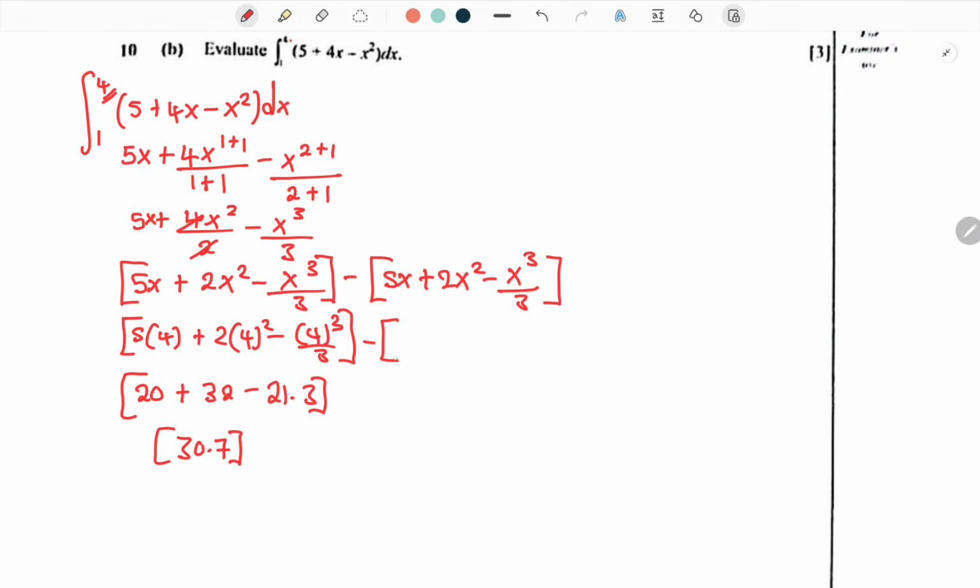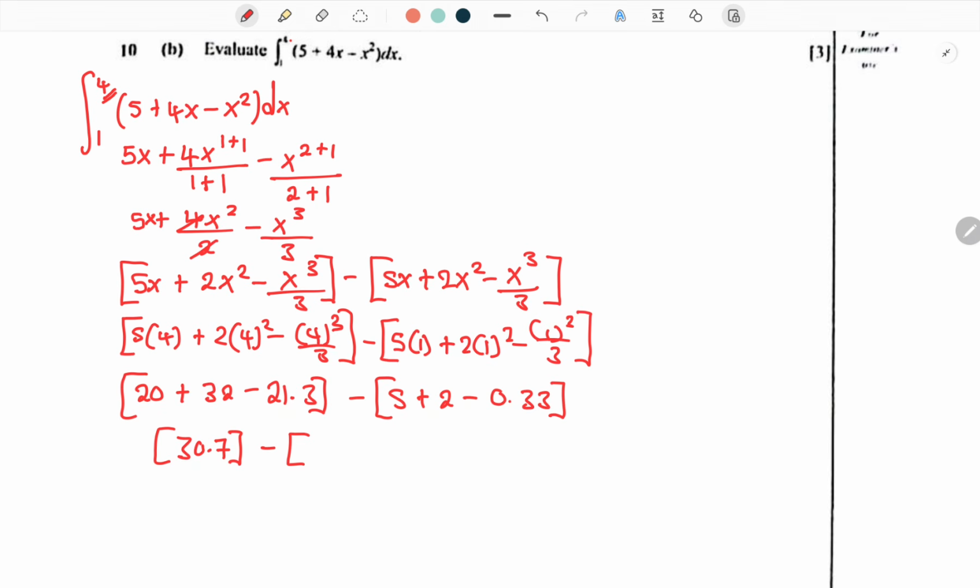Let's do the same thing also this side. So this is going to be 5. We are putting a 1 here. So this is going to be 5 plus 2 minus 1 divided by 3. So let's do our calculations.